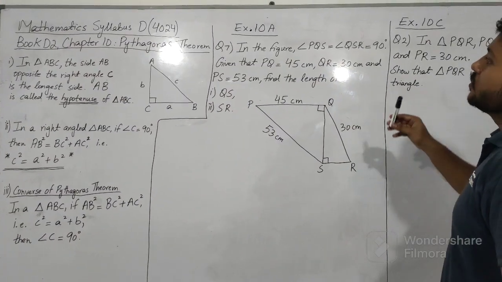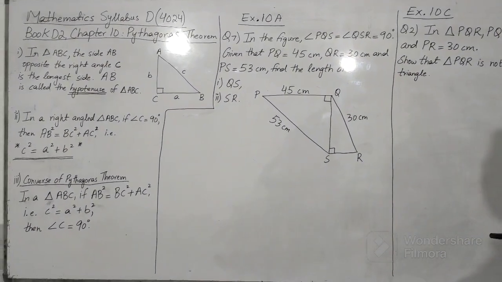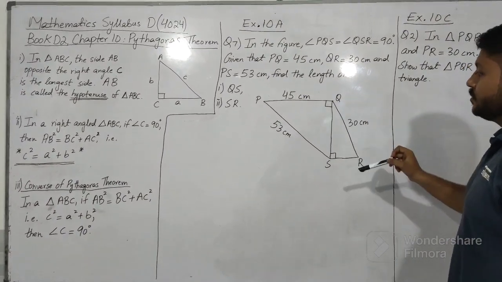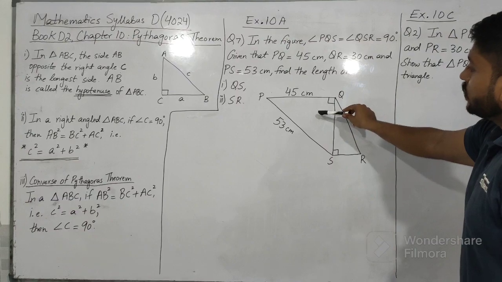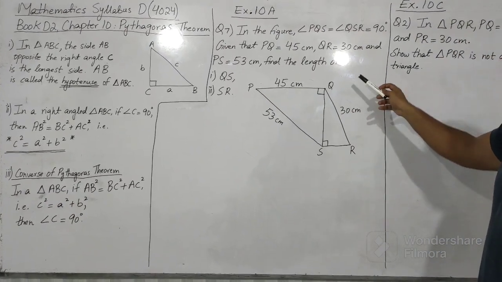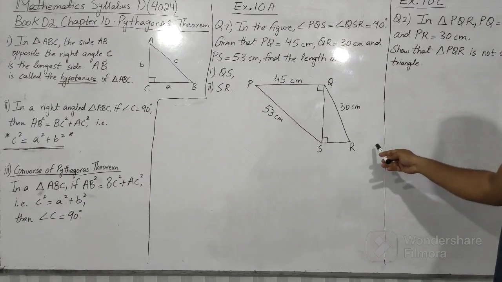Okay, so in this question we are actually given two right angle triangles. The first right angle triangle is PQS, the second right angle triangle is QSR.